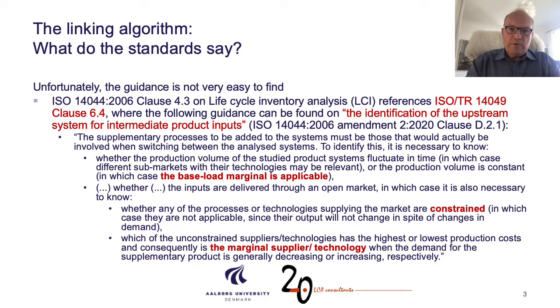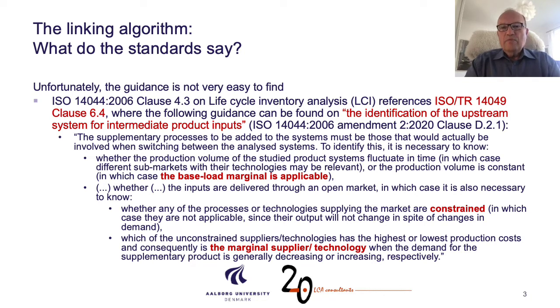And in the last bullet of 14049, clause 6.4, it is described what happens within that group of unconstrained suppliers or technologies that can actually change and supply the product system.